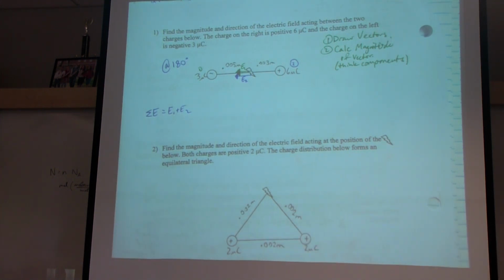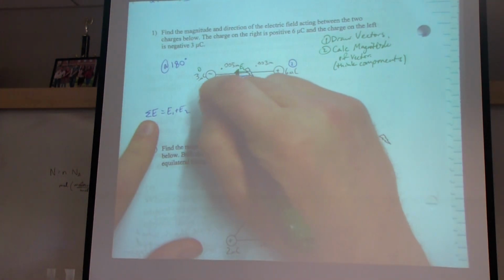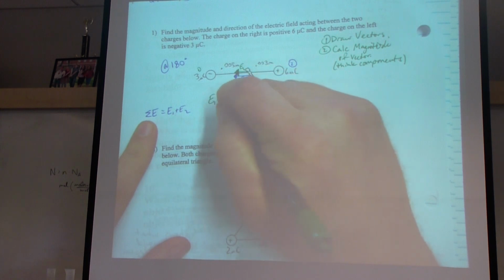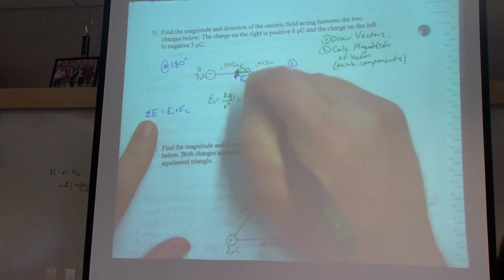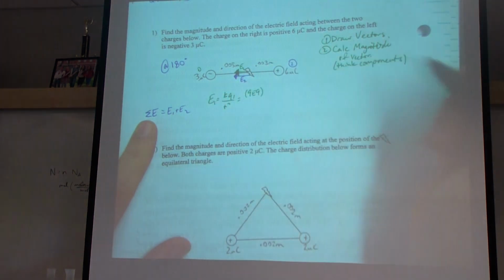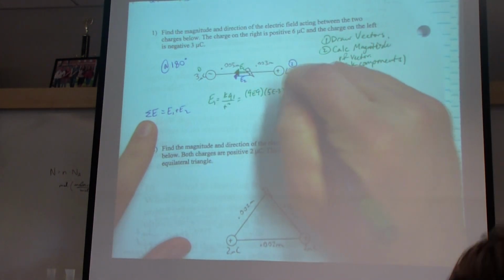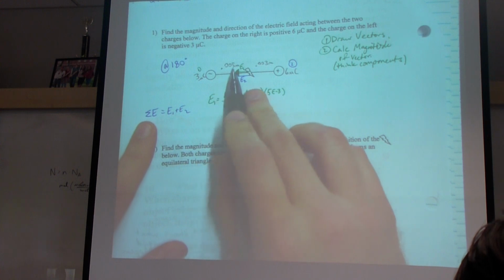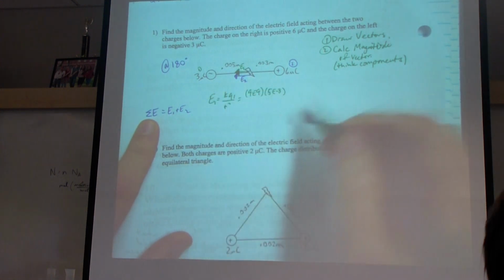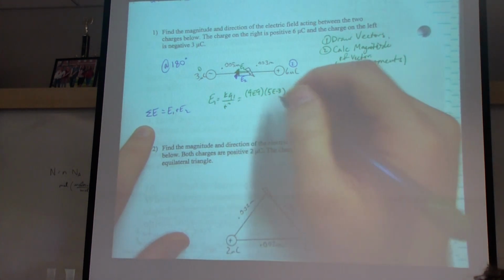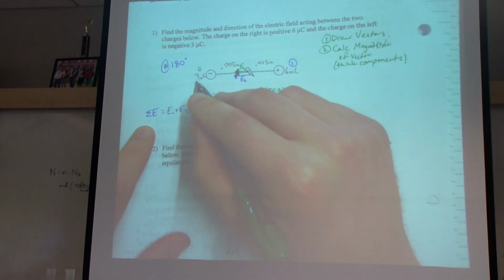Okay, so what's E1 going to equal? E1 is K Q1 divided by R squared. So K is 9E9. R1 is, it looks like 5E negative 3. That's just 0.005 meters or 5 millimeters, right? We're good? Oh my God, just kidding. You're going to let me get away with that.